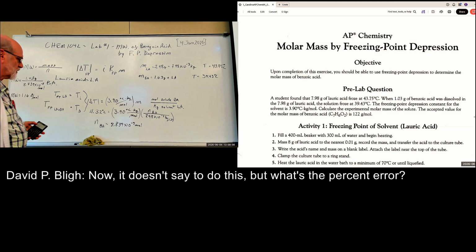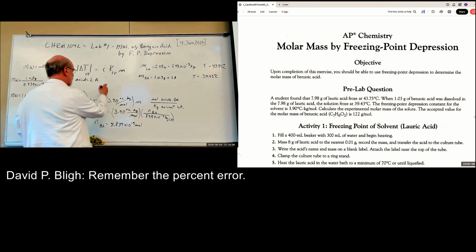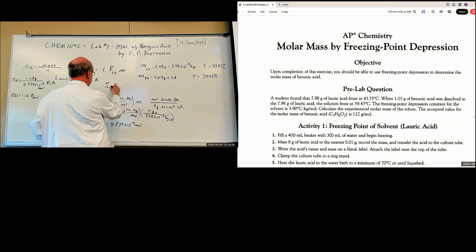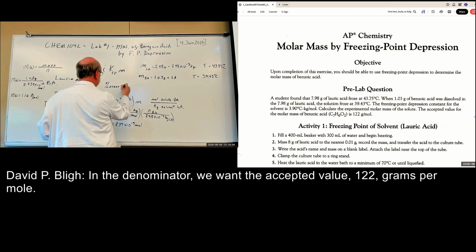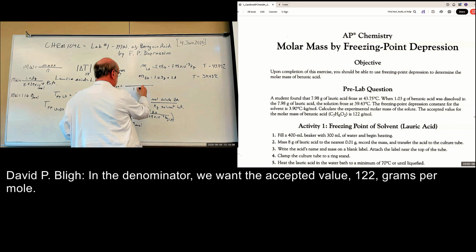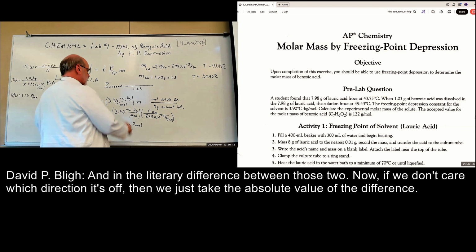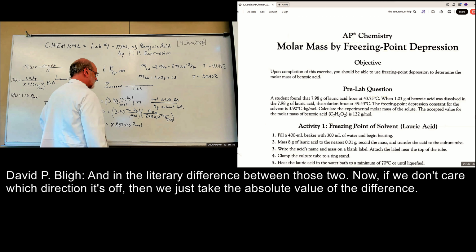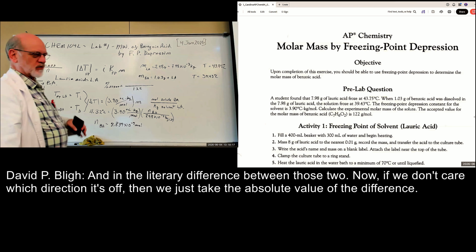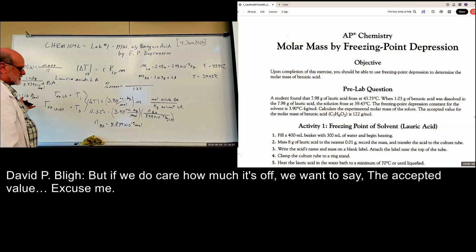Now, it doesn't say to do this, but what's the percent error? Remember the percent error. In the denominator, we want the accepted value, 122 grams per mole. And in the numerator, we want the difference between those two. Now, if we don't care which direction it's off, then we just take the absolute value of the difference.